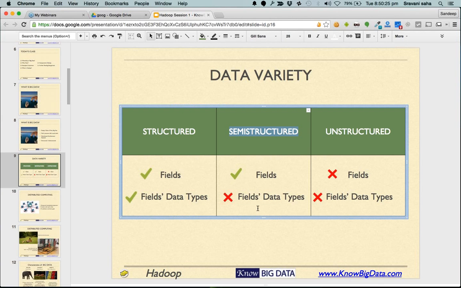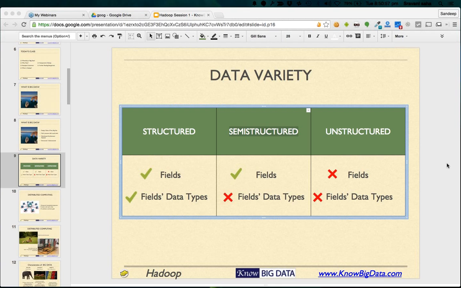You can edit a CSV file in an editor and you will see that each row contains comma-separated values. Based on the commas, we can identify the fields in our CSV file, but we cannot identify whether a field is an integer, a float, a string, or a date. Meaning we do not know the data type, but we know how many fields there are. That is semi-structured.